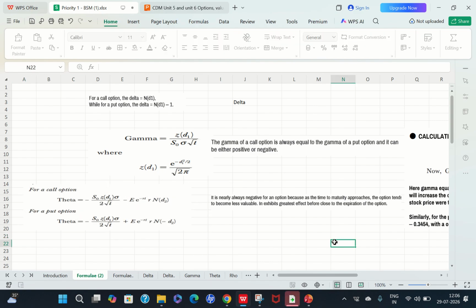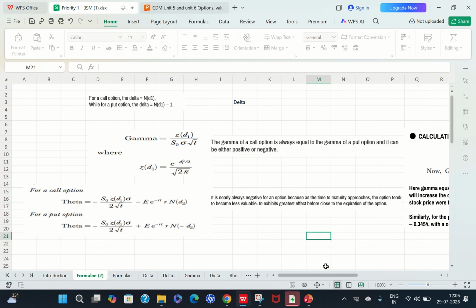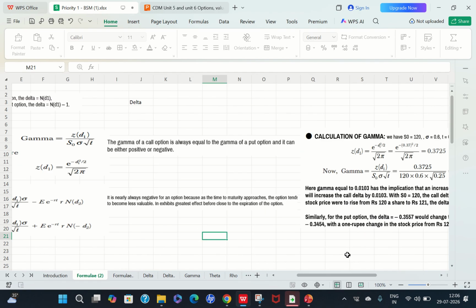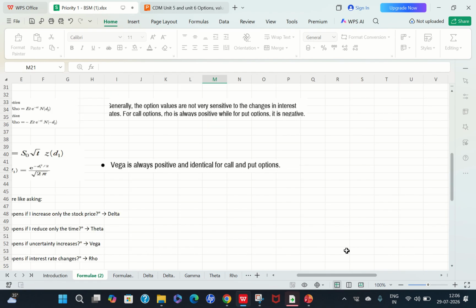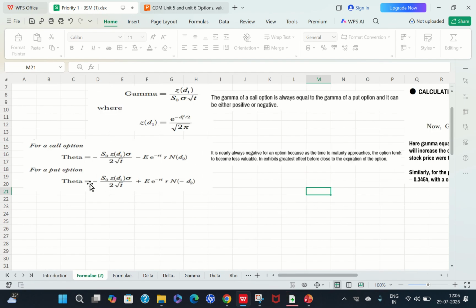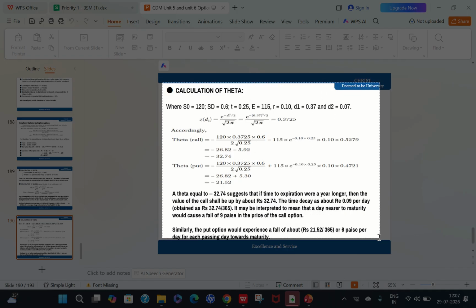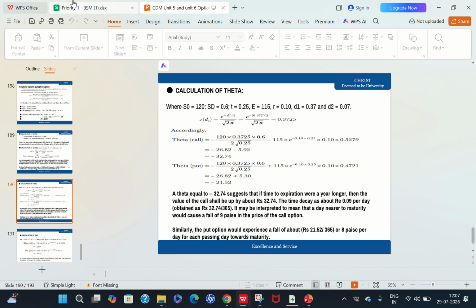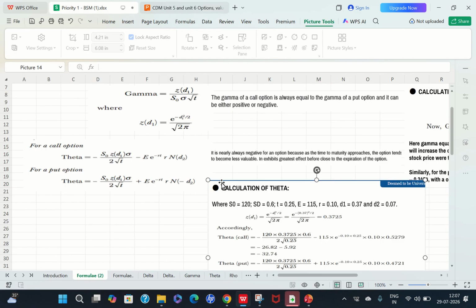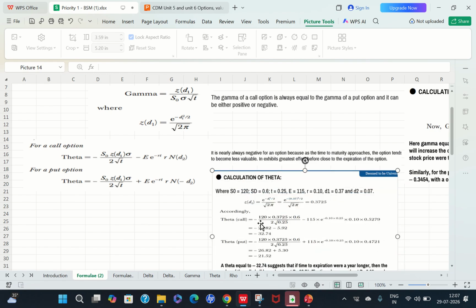Let me enlarge it. So let's take it like this. So just substitution of numbers.